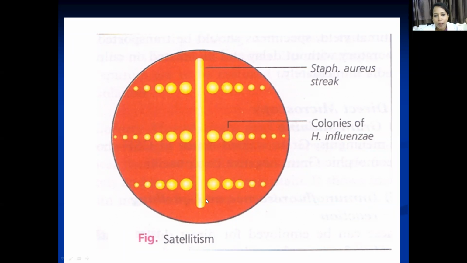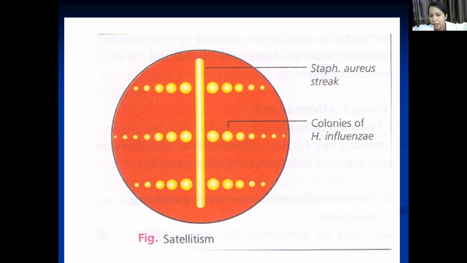First step is to take the petri dish containing blood agar. Then inoculate Haemophilus influenzae. Then make a streak or a line of Staphylococcus aureus.